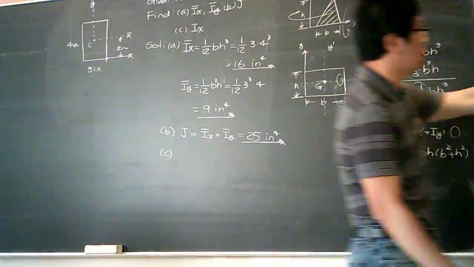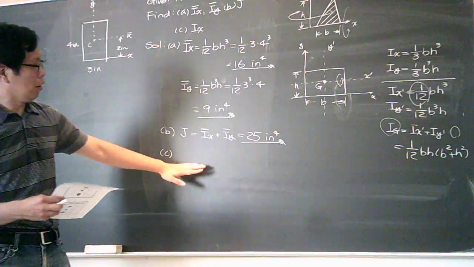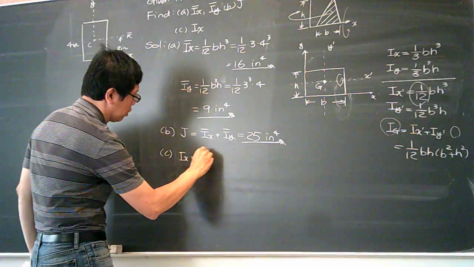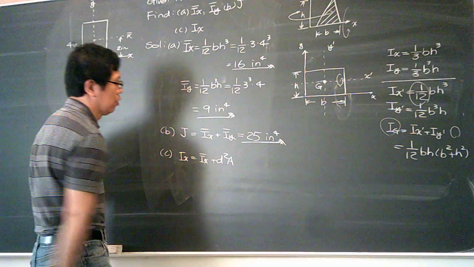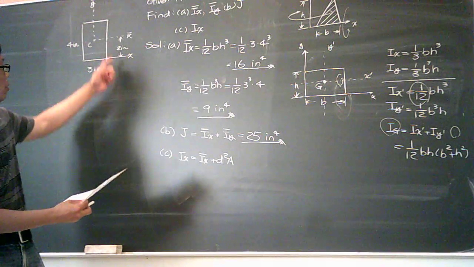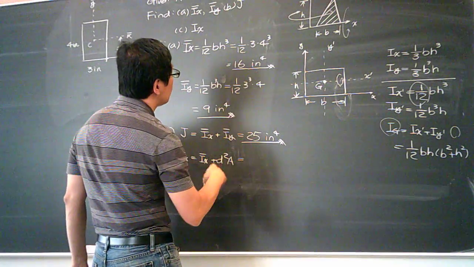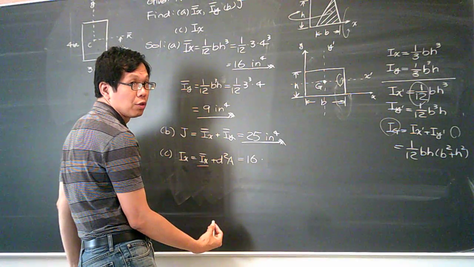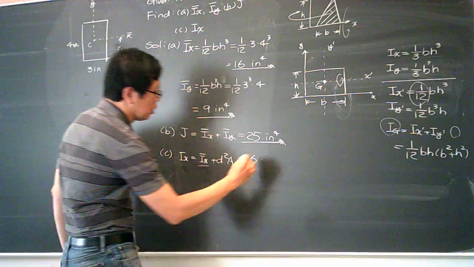Now, if I use the parallel axis theorem, Ix is something given. This is the formula that you're going to adopt to calculate the moment of inertia about the x-axis. If you do that, over here I get 16, which is its original moment of inertia about its centroid.